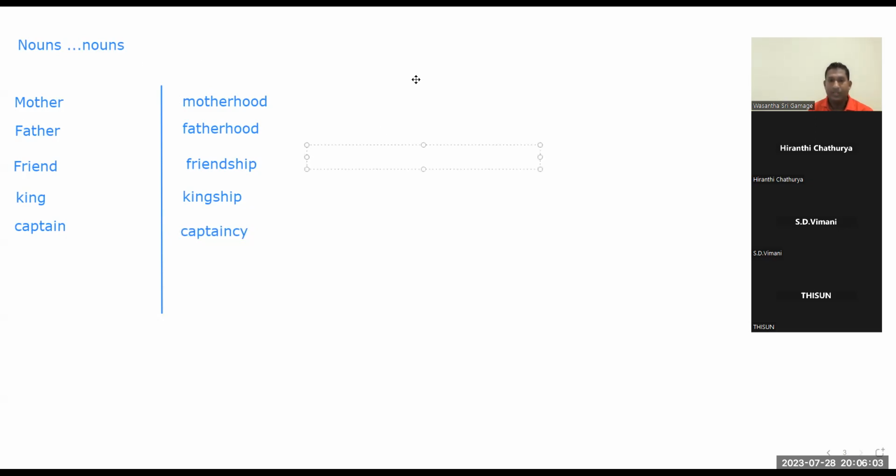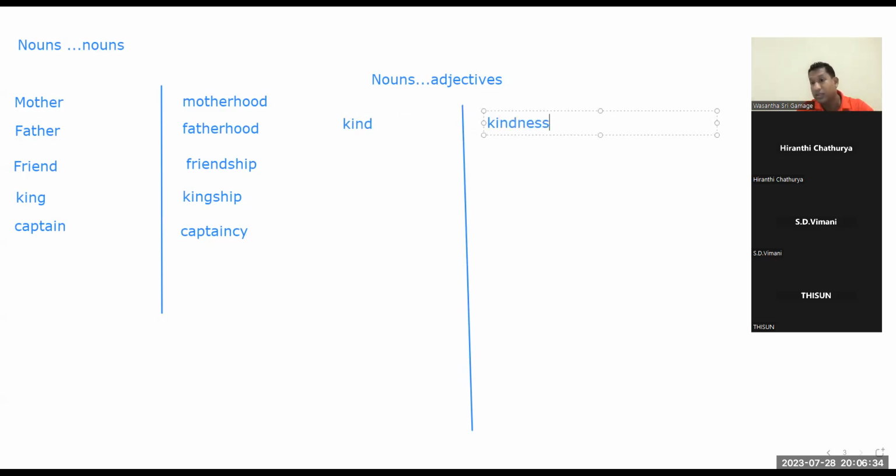Then let's see. Nouns are derived from adjectives, especially qualities and states as well, right? See this one. Most of the time here we add ness. Kind, කරුණාවන්තයි. එතකොට කරුණාවන්ත ගතිය, කරුණාවන්තකම, කරුණාවන්ත තත්වය.